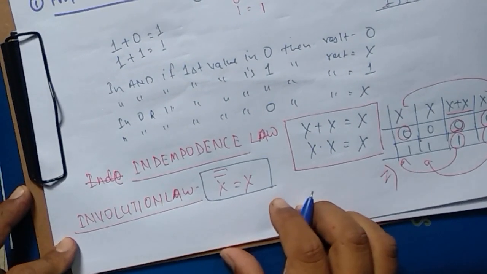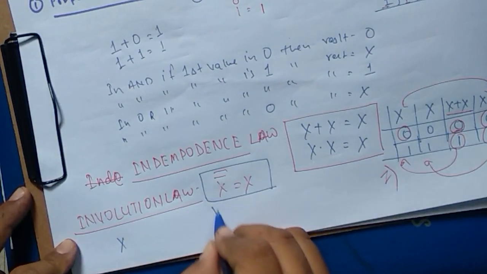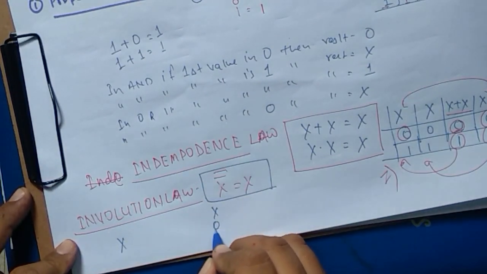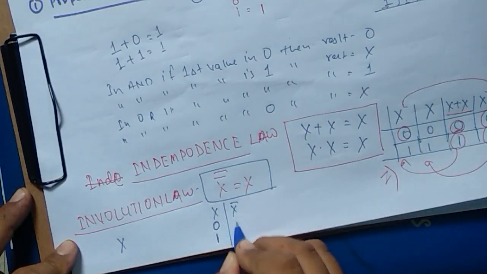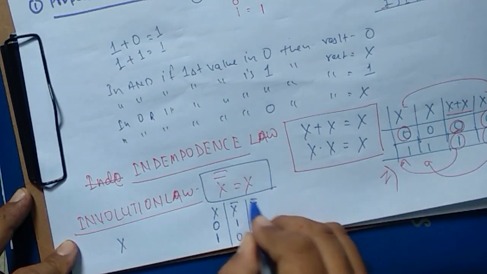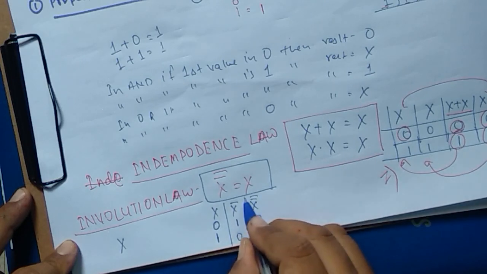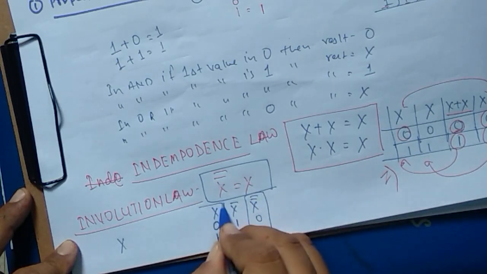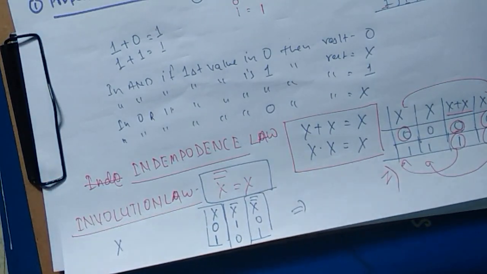Now the truth table: this is x. x is 0 or x is 1. Then x bar equals 1 and 0. And x double bar is 0 and 1 again. So the value of x double bar is equal to the value of x. So I can prove it with the help of a truth table as well.